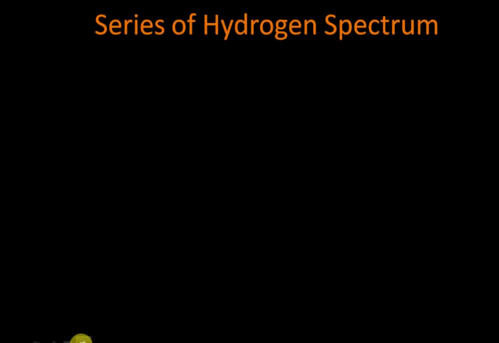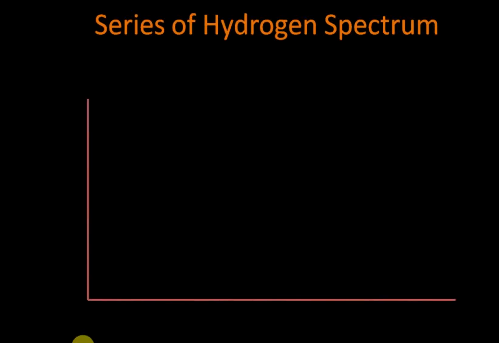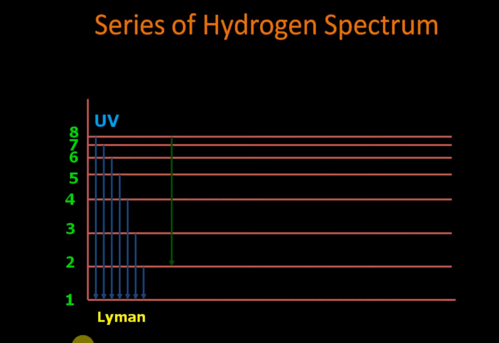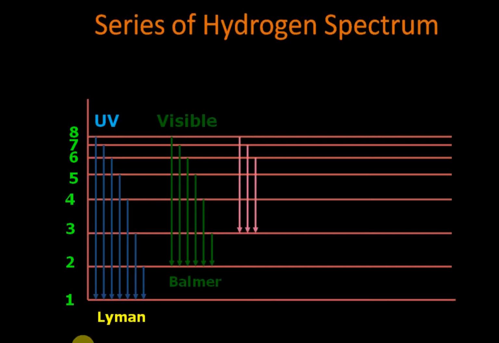These radiations are allowed to pass through a prism, and a beautiful pattern of colored light is obtained. Now in the hydrogen spectrum we have a number of series, and these 5 series are the forms of spectra in the hydrogen spectrum.